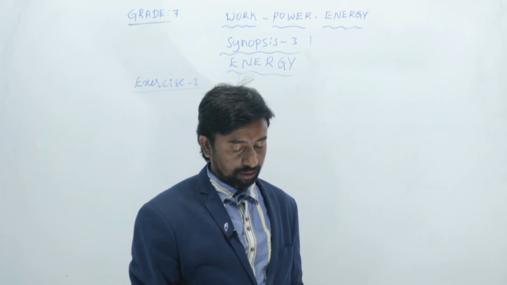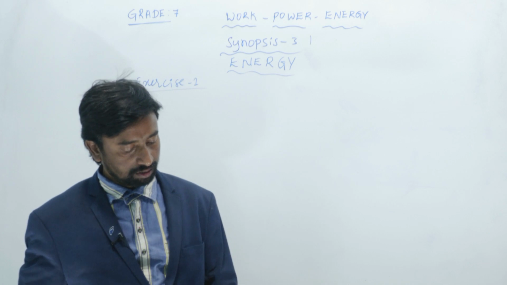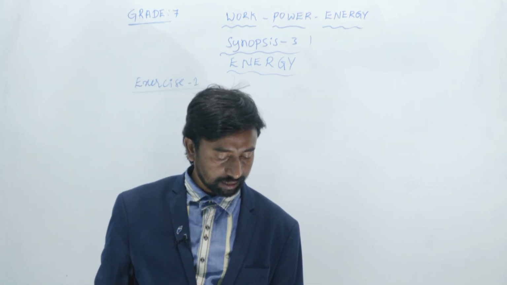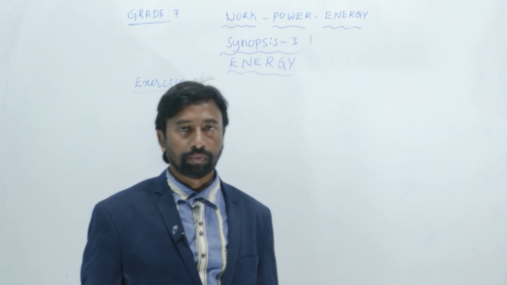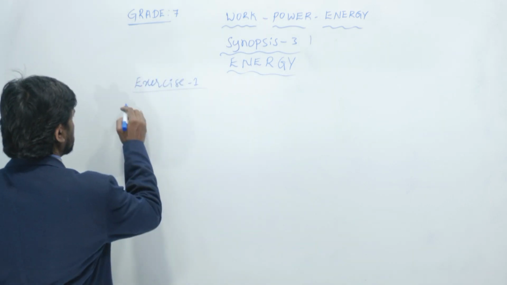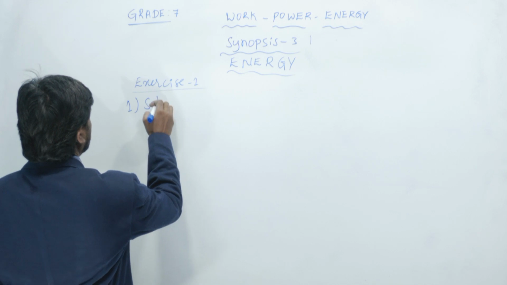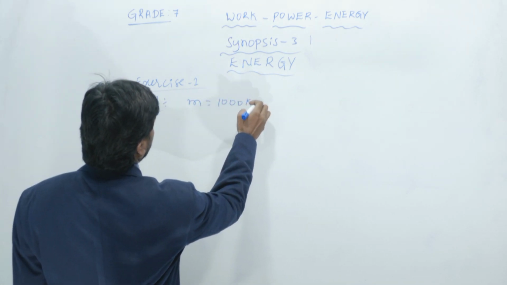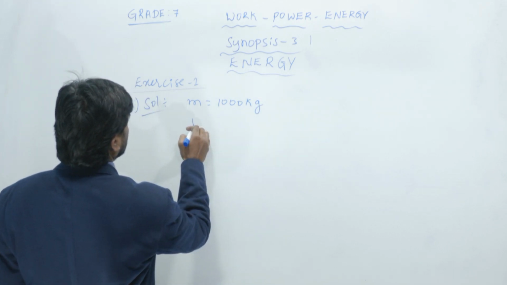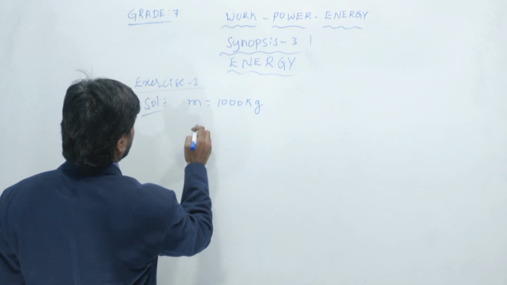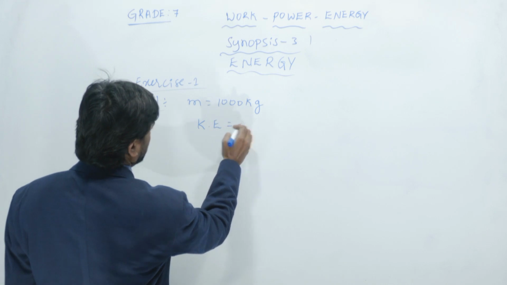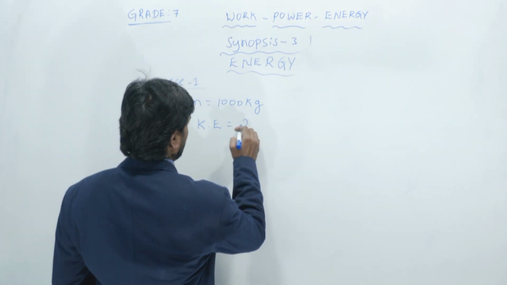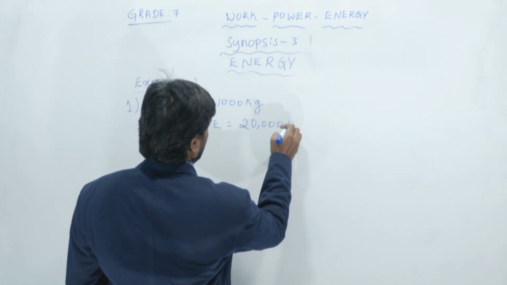A vehicle of mass 1000 kg has a kinetic energy of 20,000 joules. Then what is the velocity of that body at that instant? Here the mass m is equal to 1000 kg, and the kinetic energy K is 20,000 joules.